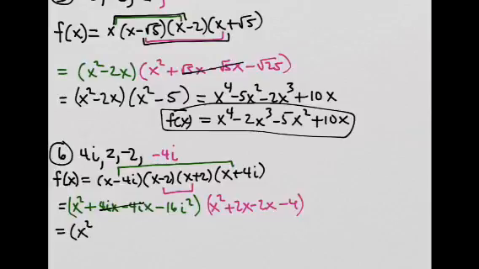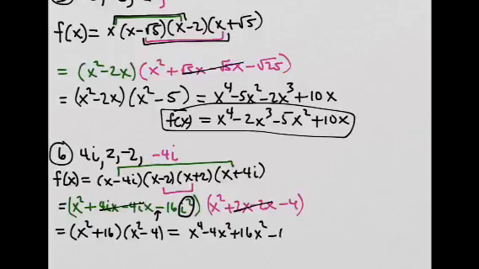Remember, i squared is negative 1, and there's already a negative 16 right there. So negative 1 times negative 16 is positive. Over here with the pink polynomial, this cancels, and you're left with x squared minus 4. So now we're going to multiply this together. X to the 4th minus 4x squared plus 16x squared minus 64. Combine like terms, I can combine those two, and you get x to the 4th plus 12x squared minus 64.